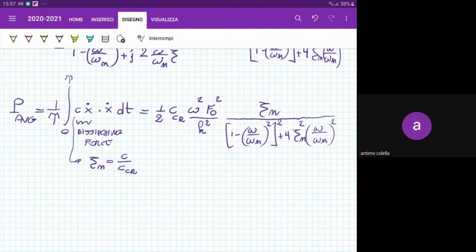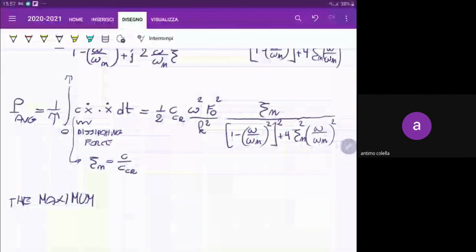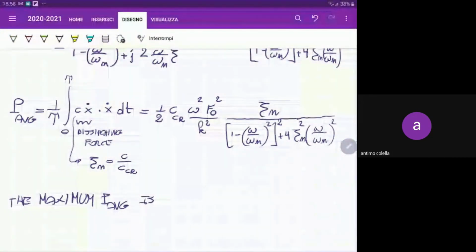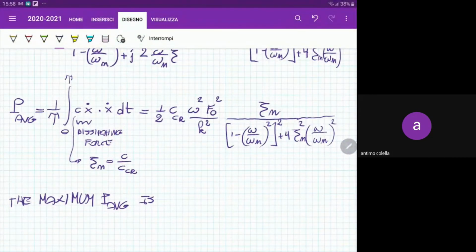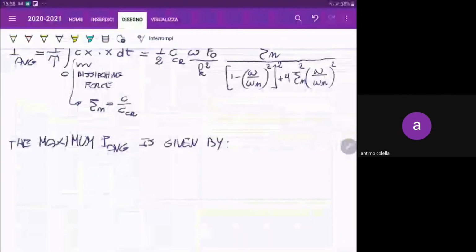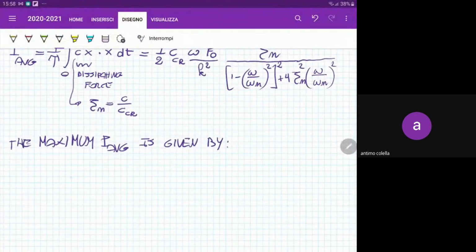The maximum average power is given by solving this average power, which is a function of omega, by differentiating with respect to omega and setting it equal to 0.